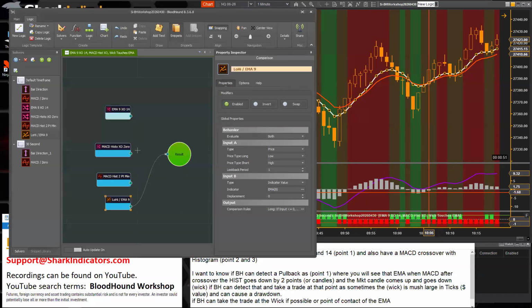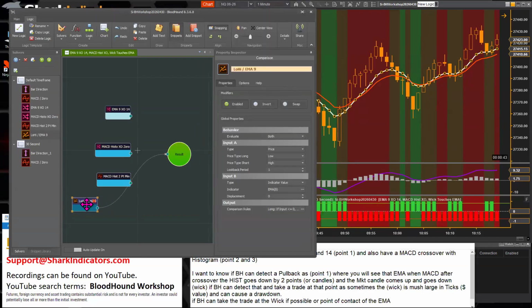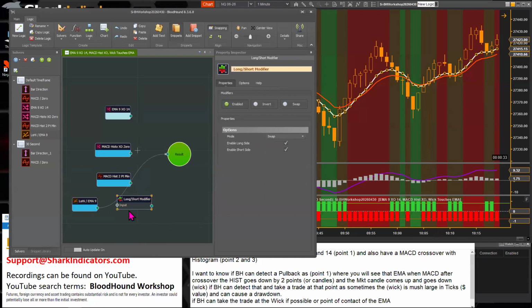Now, we're only interested in the bars that have a long and a short output at the same time. To identify those long and shorts together, we're going to use the long short modifier.